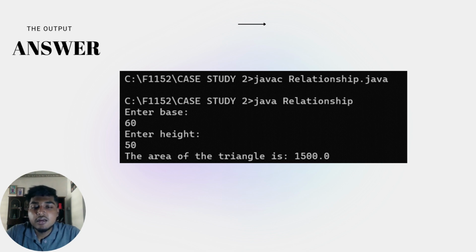Then the code that we have typed will run, and the output is as we can see here: enter base, and we entered 60, and enter height, and we entered 50, and the area of the triangle is 1500. So that is for the answer part and the final output.